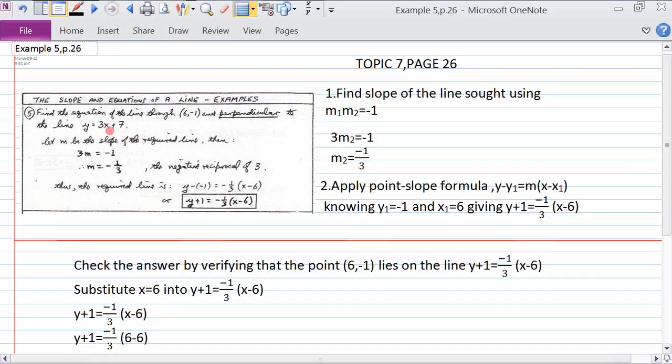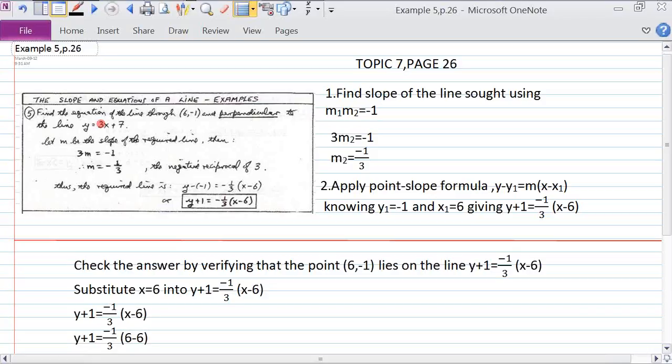The other way we can do it is to simply say, oh, this line has a slope of 3. 3 is 3 over 1. We take its reciprocal, which is 1 over 3. In other words, we put the numerator where the denominator is and the denominator where the numerator is.